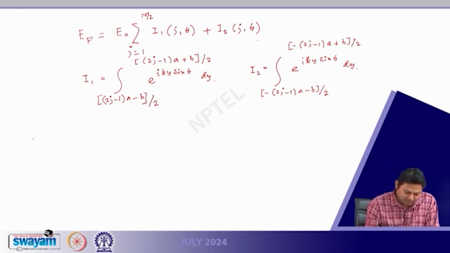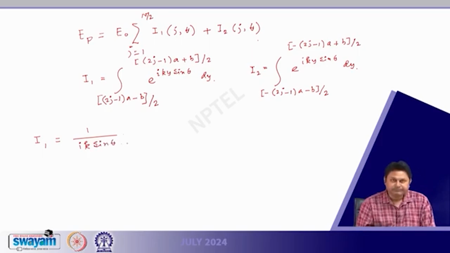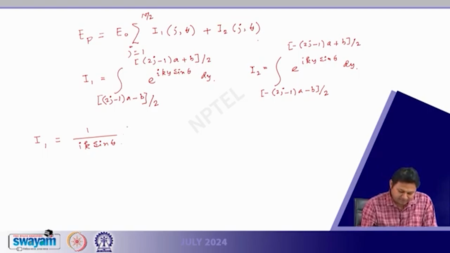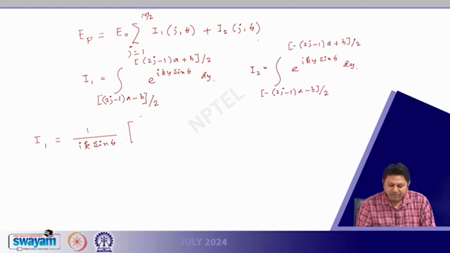I1 I can calculate, because the integral is in front of us; it is simply 1 divided by i k sin theta, and then this value will be e to the power of i k sin theta, executed between these two limits.